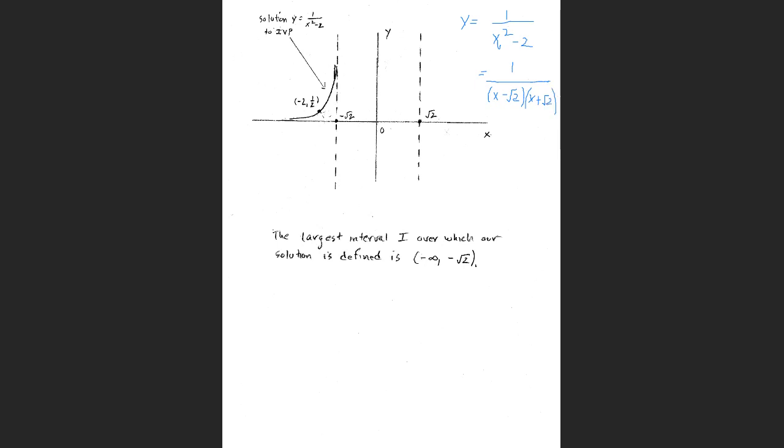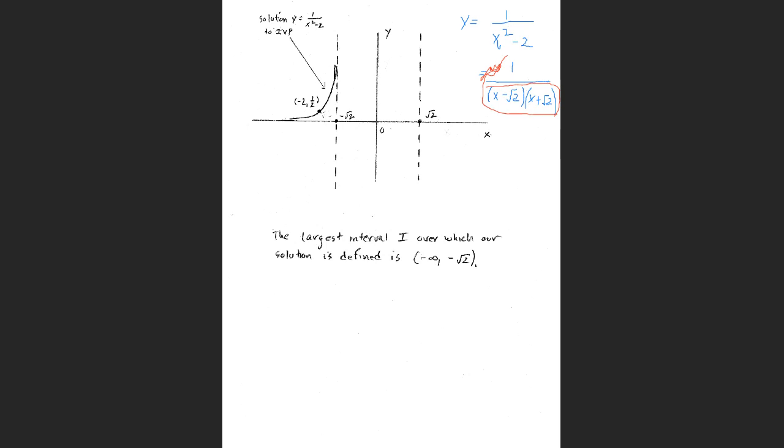So what values of x would not be allowed in y equals 1 over x squared minus 2? Based on the denominator, what can x not be?